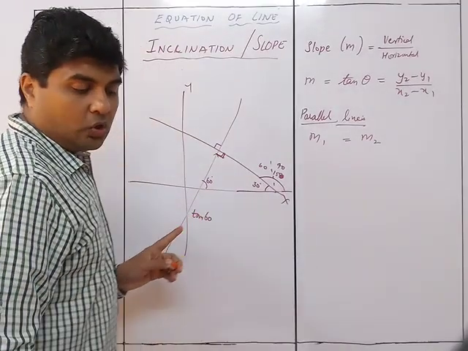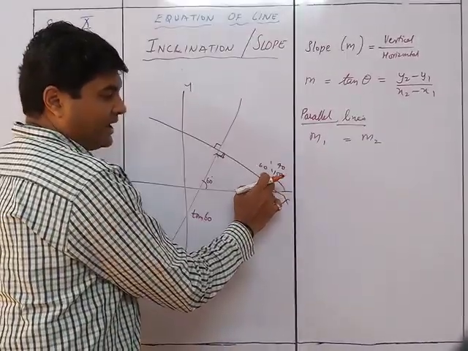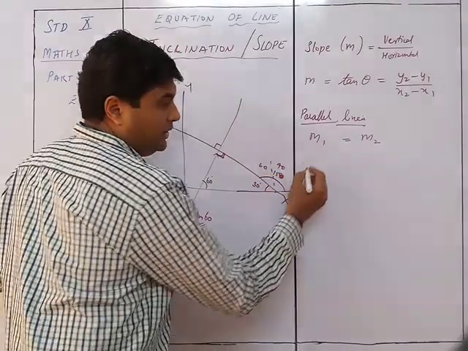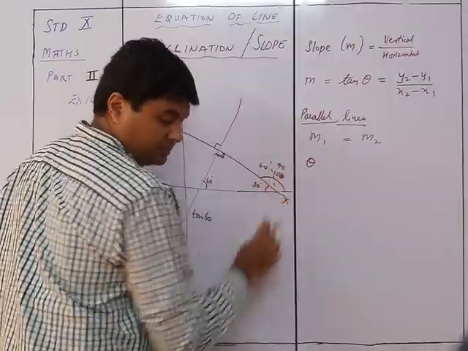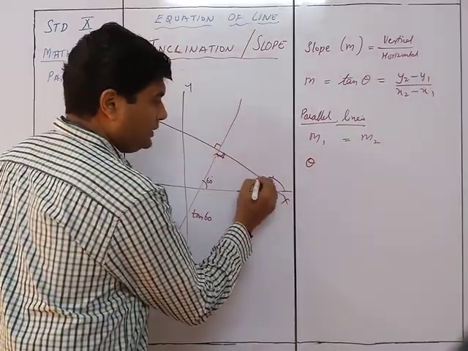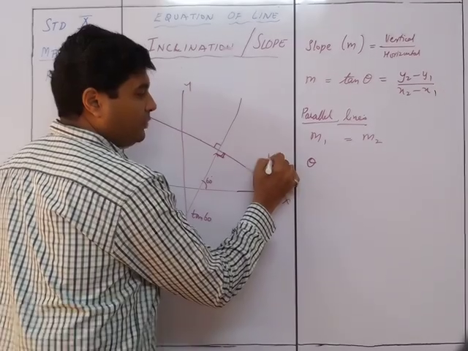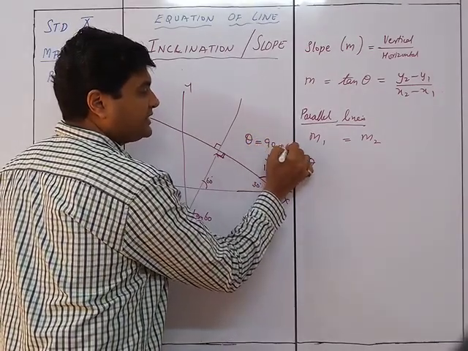So over here, this particular angle theta will be 150, right? I'll just write it once again. What is 150? 150 is theta, and theta is nothing but 90 plus 60.